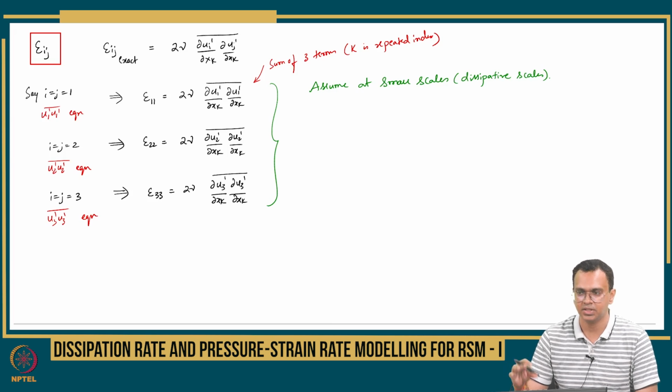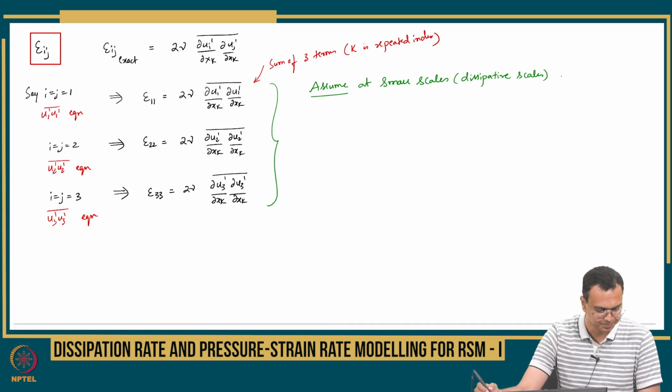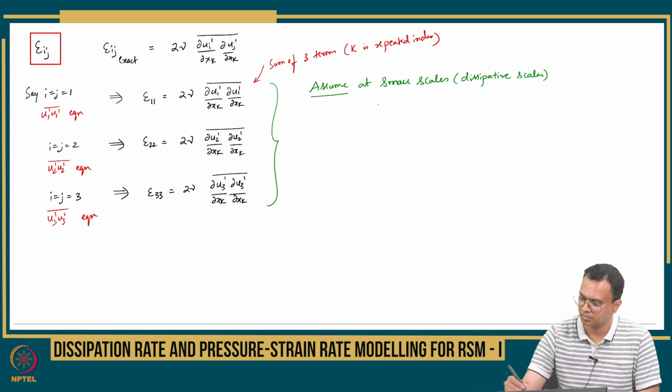We will see later whether such a condition exists, and we are not debating that. For modeling purposes we are going to assume it, and I will discuss dissipative scales and local isotropy more when I move to the Kolmogorov hypothesis. As of now, just assume that at small or dissipative scales, local isotropy exists.